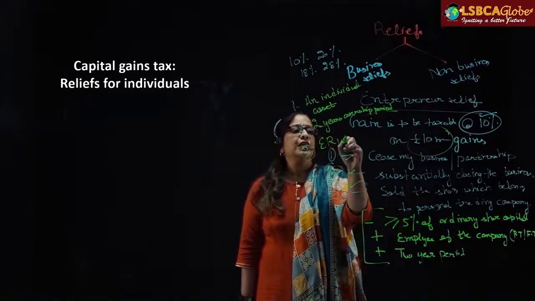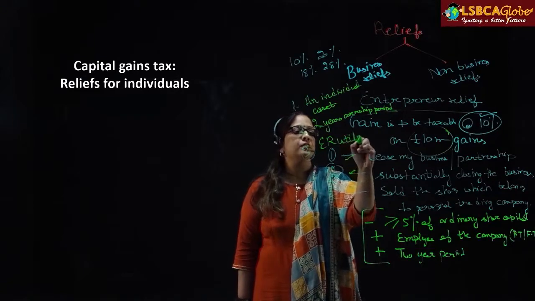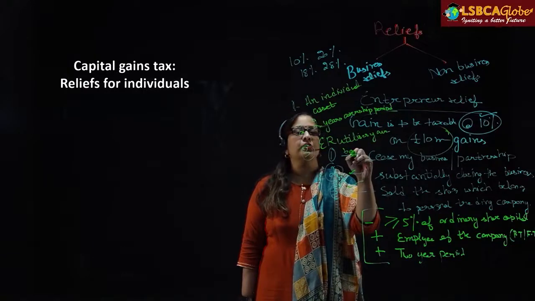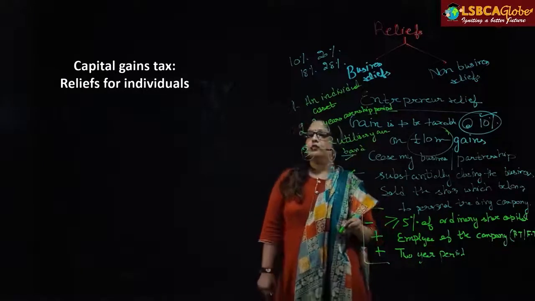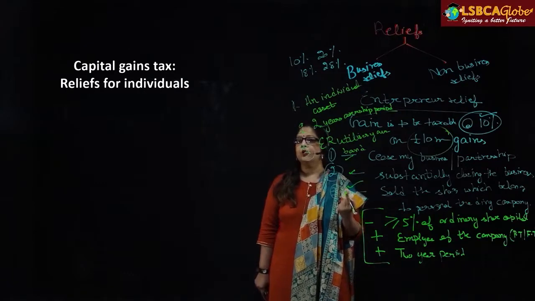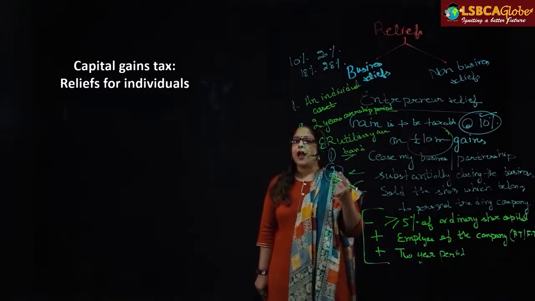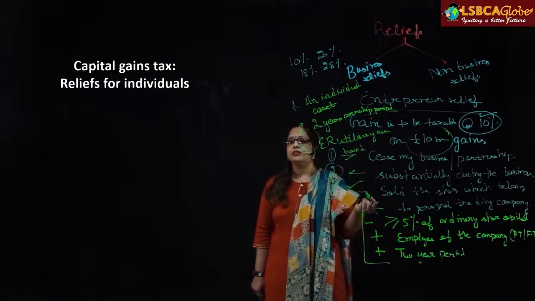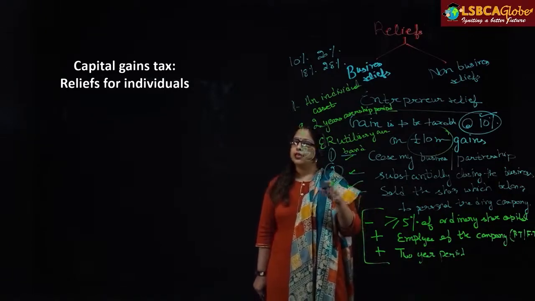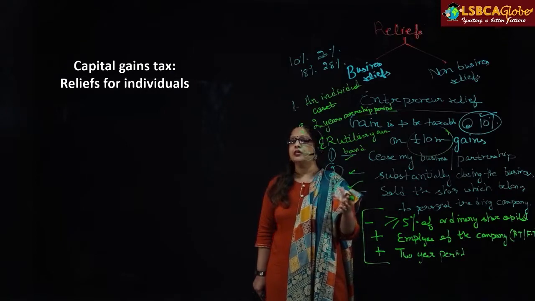Third point, when you claim the ER, it utilizes your band first. Whatever the band is left, class, you claim it on the 18% or 10%. Remember or not? Whatever the band after taxable income is left, if any band is left, you claim it on 18% gains or 10% gains.